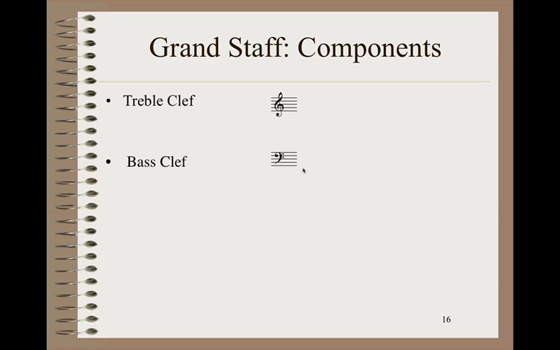So that's where that name came from, the F clef. We generally call it the bass clef. The treble clef is also sometimes referred to as the G clef, and the reason being is notice how that little curve finishes off and outlines the second line here, which we now know is the G line.